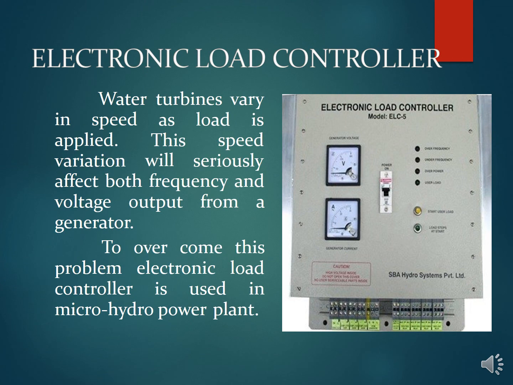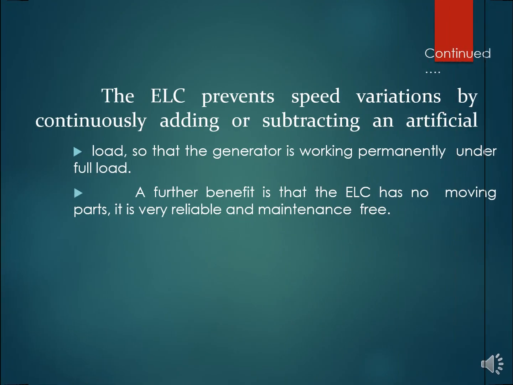Electronic load controller. Water turbines vary in speed as the load is applied. These speed variations will seriously affect both the frequency and voltage output from a generator. To overcome this problem, electronic load controllers are used in micro hydropower plants.